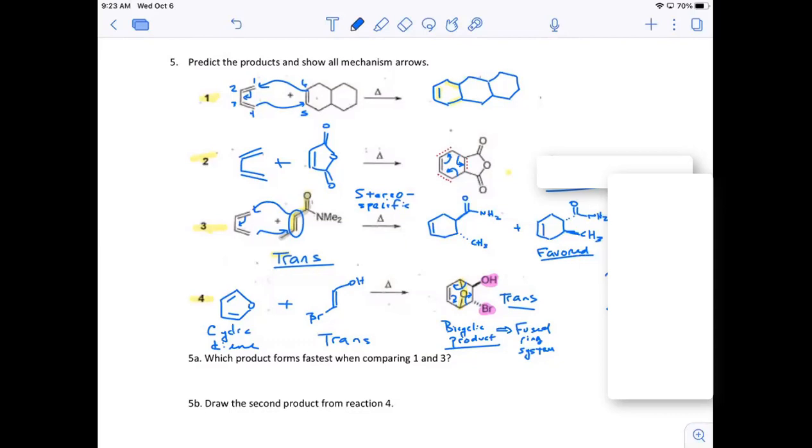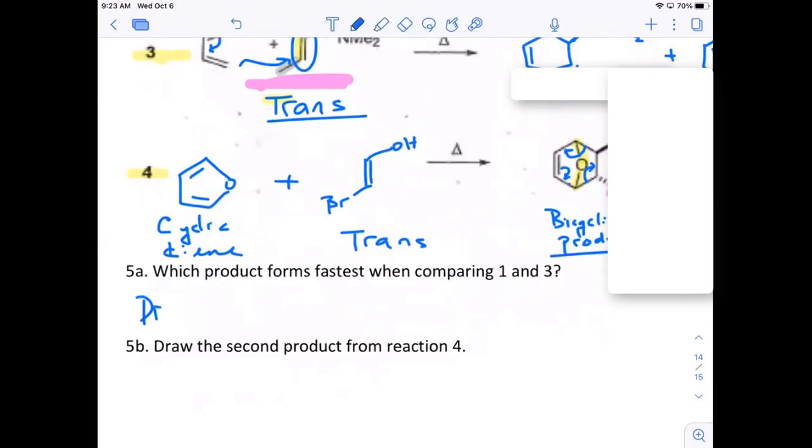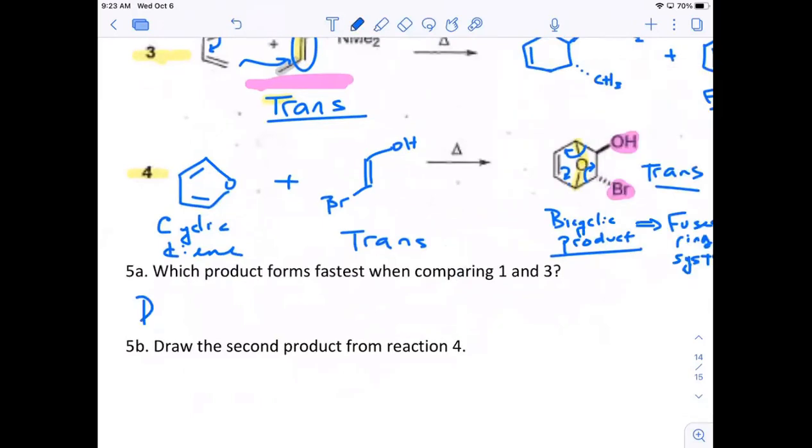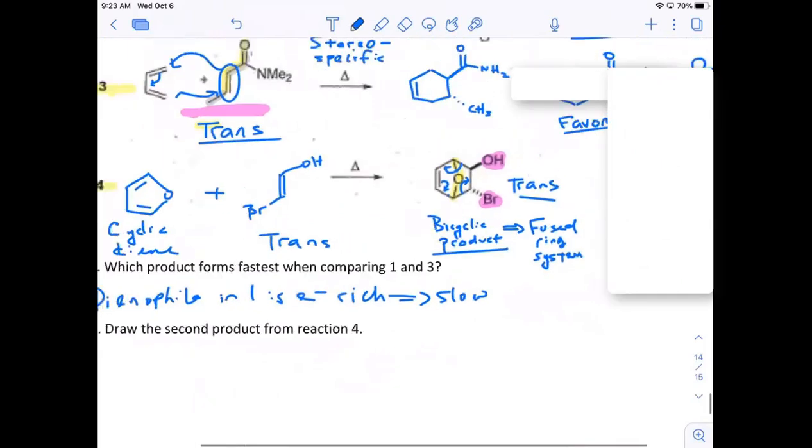The top dienophile will be considered electron rich. Right, that's going to slow the reaction down.